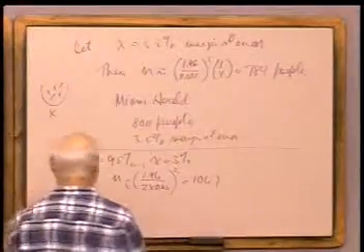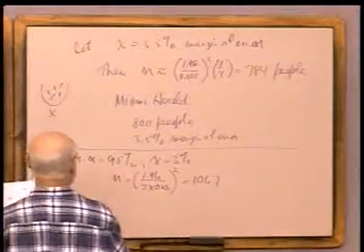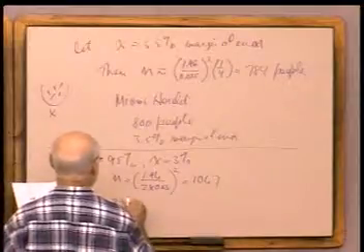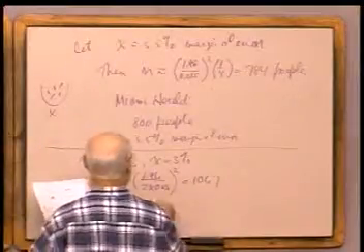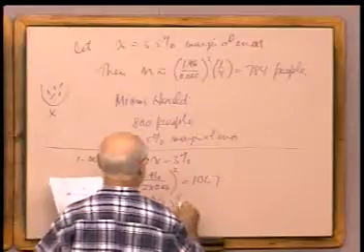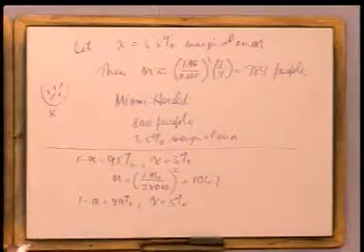One more here. Suppose that 1 minus alpha is equal to 99% again. And now we'll take the margin of error to be 3 percentage points instead of 4 percentage points.